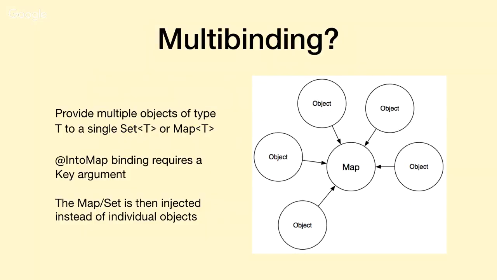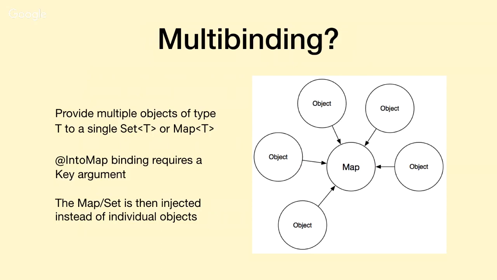So what exactly is multi-binding? Well, multi-binding is when a provider has the annotation of into map or into set. And what that's doing is it's supplying that object into an injectable map or injectable set of objects of that type. So you can provide many objects to a single element. It's the way of collecting a lot of providers into a single object.